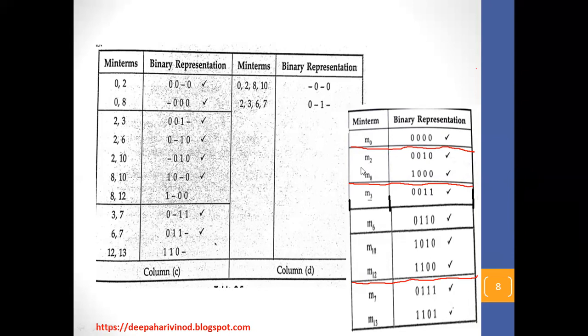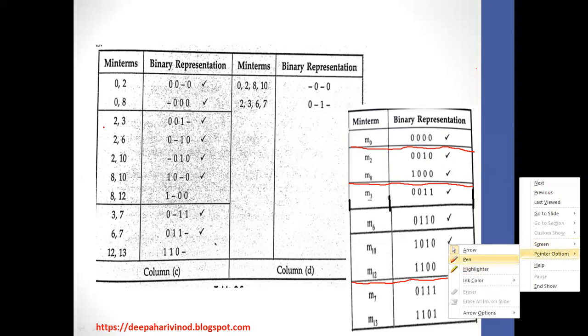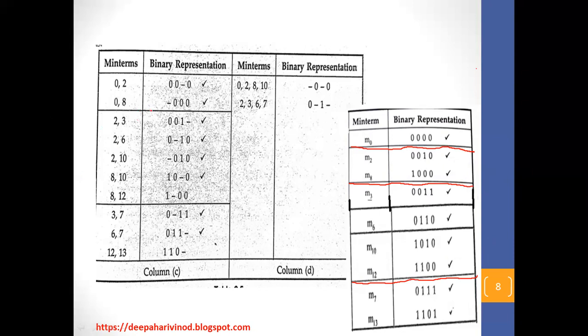0 and 2 can be compared, 0 and 8 can be compared, and it is written in the same way. We finish with the comparison of 0, so put a tick mark there. You can observe a mark over here. Next compare 2 with 3, that is this group with this group.